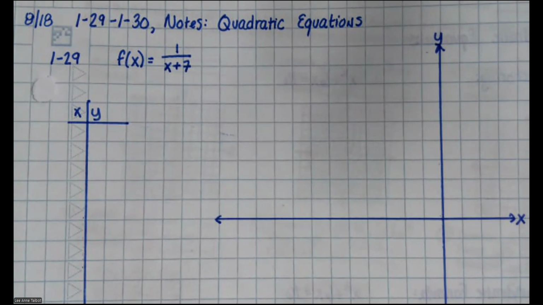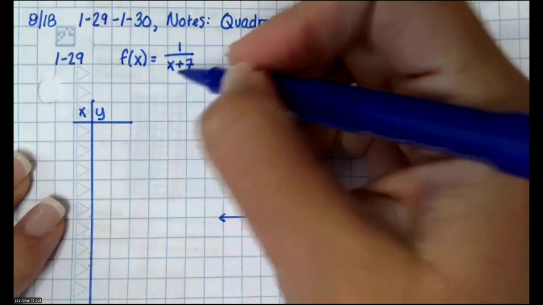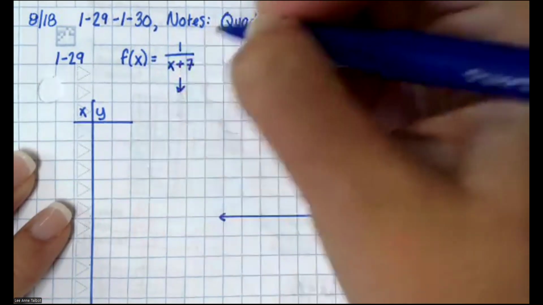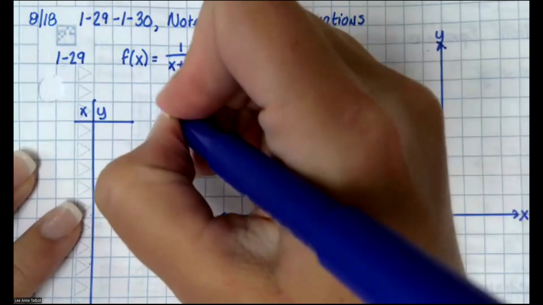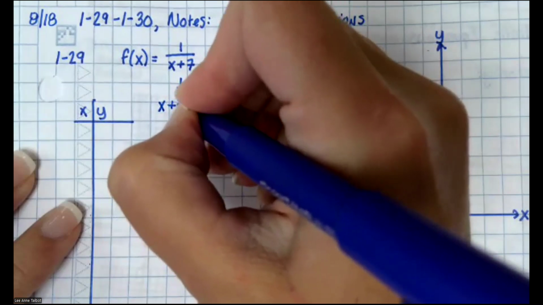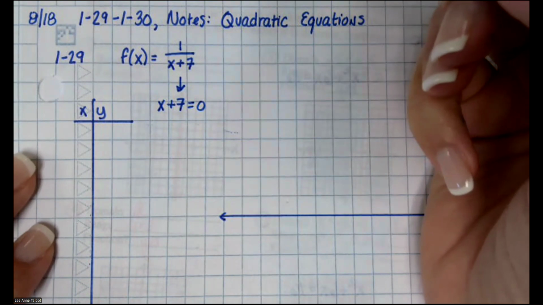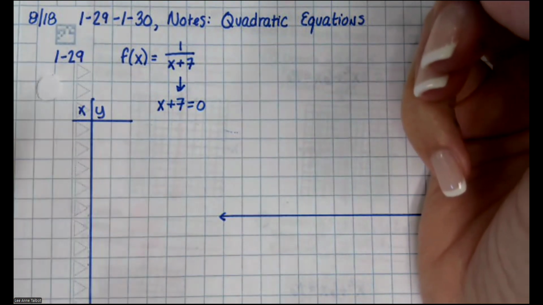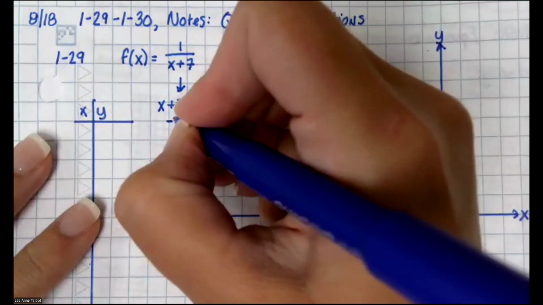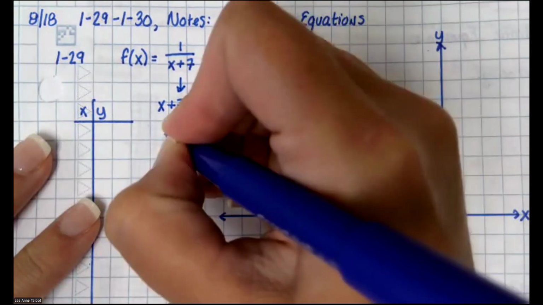Okay, everybody, so we're gonna make the table like we did last time with the square root graph, but there's a couple of things you should know about the calculator and the table. So first, I want you guys to draw a little arrow down here and put x plus 7 equals 0. Do you remember us doing that with the square root graph, and that gave us the endpoint? Okay, this helps us with this. It's not going to be an endpoint, but it will also help us start our table.